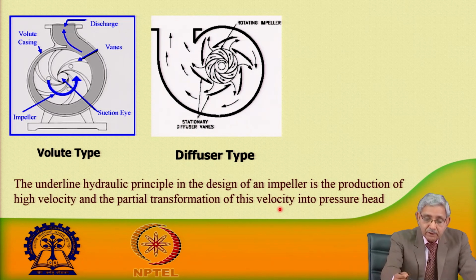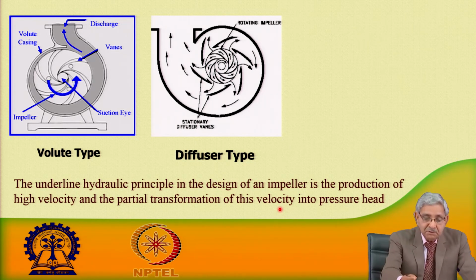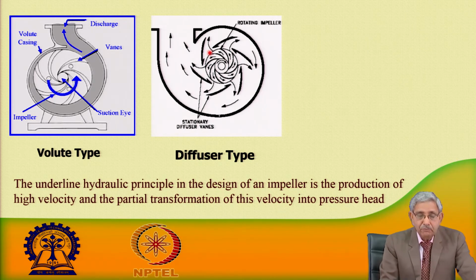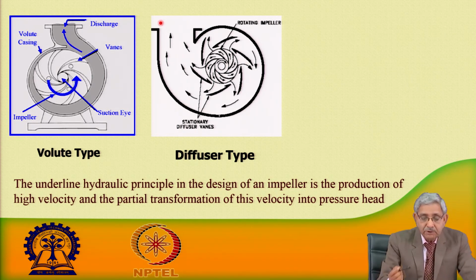Now, the diffuser type of arrangement is another kind, where the impeller has diffuser types of vanes. Water comes to the periphery of the impeller, which creates the pressure, and then the water comes out of this.